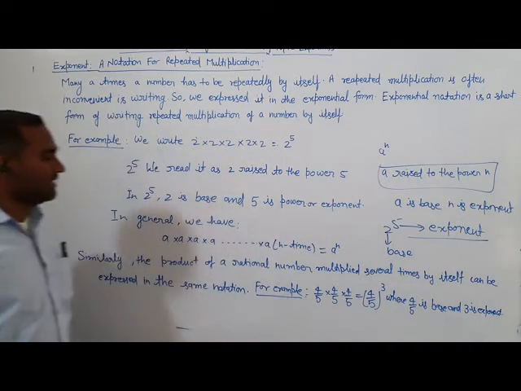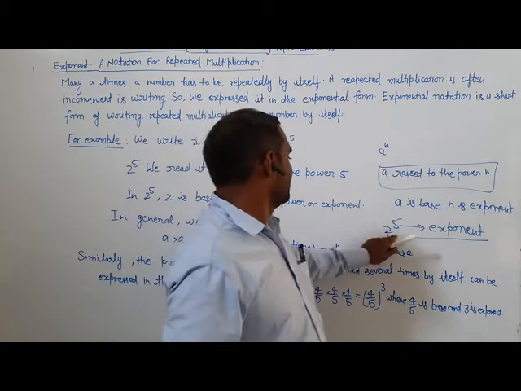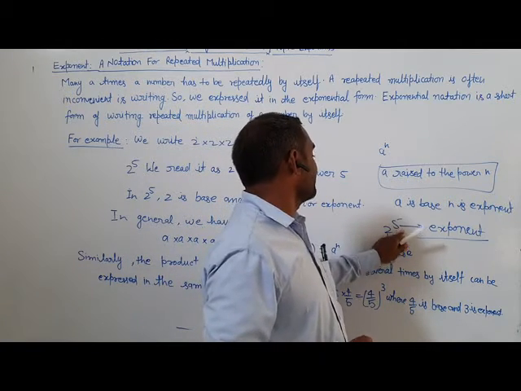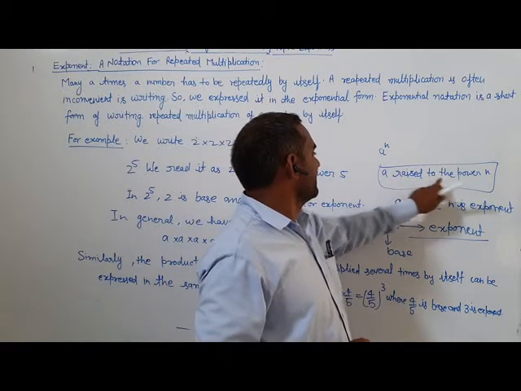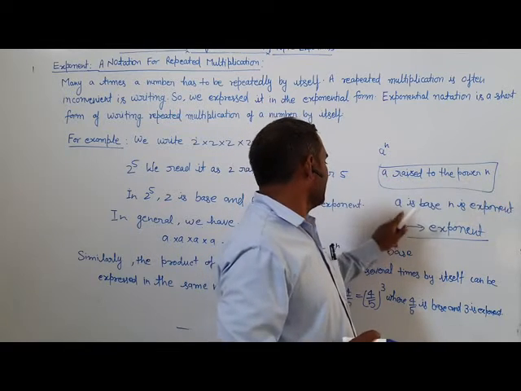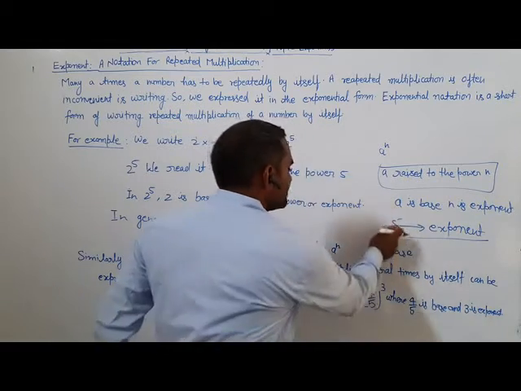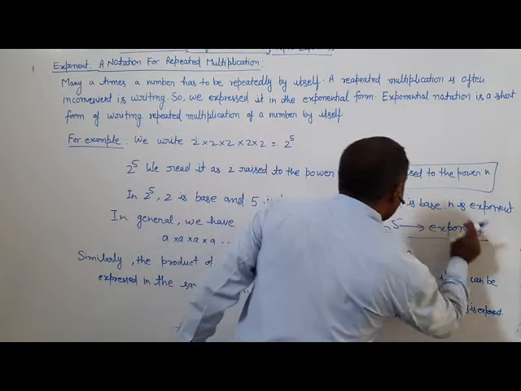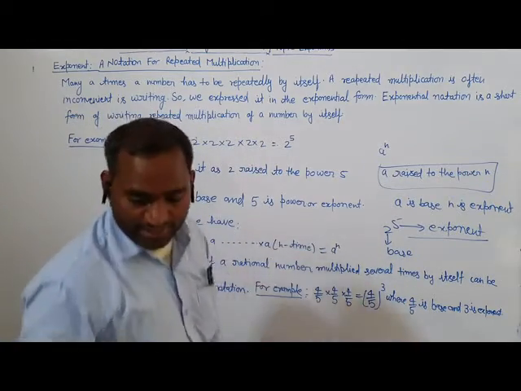So in this way we learn how to read 2 raised to power 5. For example, a raised to the power n, and 2 raised to the power 5: 2 is base and 5 is exponent.